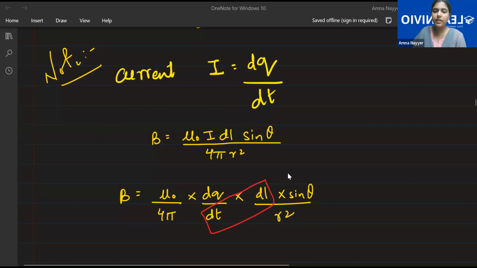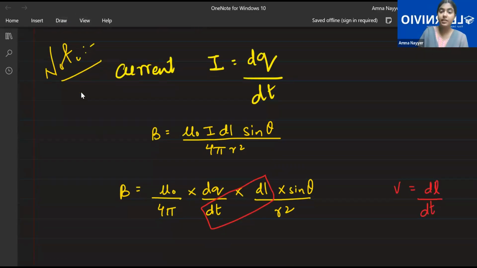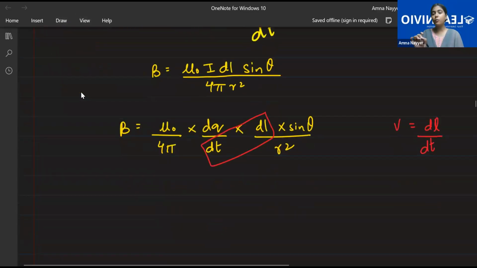It's velocity, correct. Not speed, because here we are talking about vectors, but velocity. Very good. So velocity is dl over dt. So the formula that you have is quite different from your Biot-Savart law. It's a modification of it.